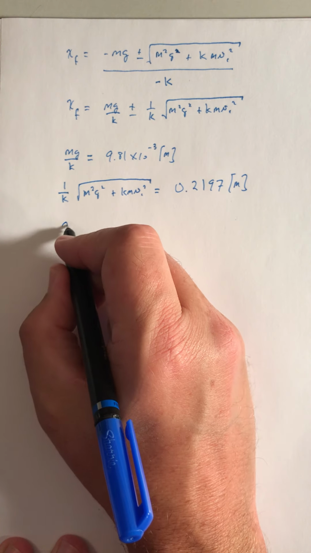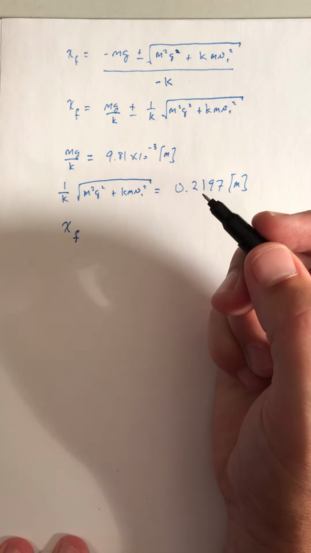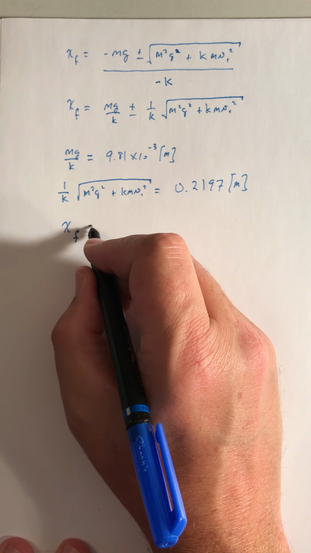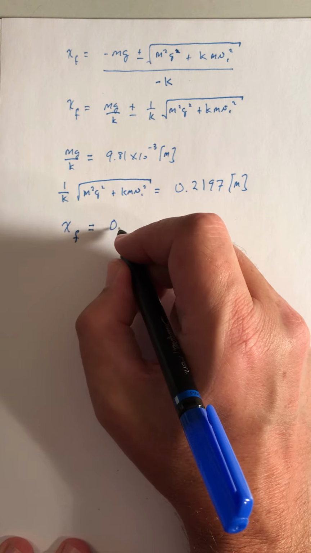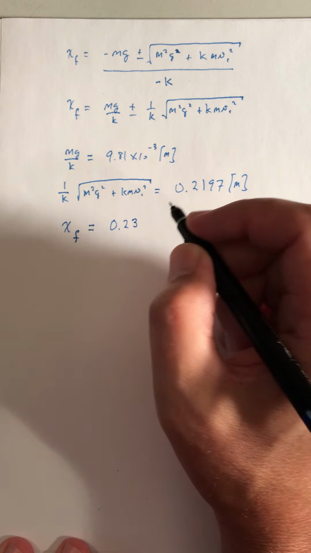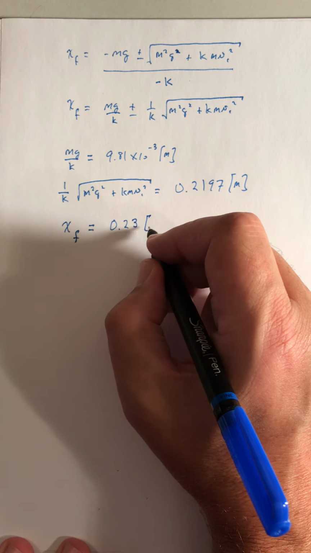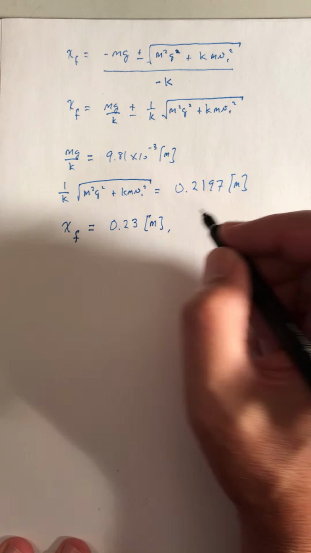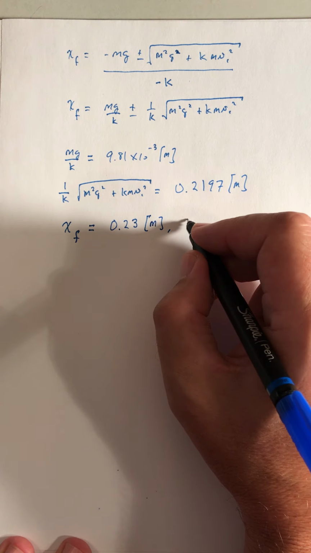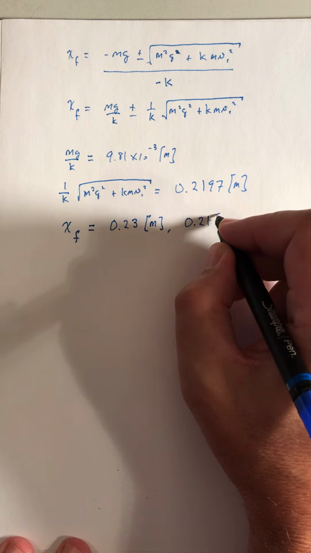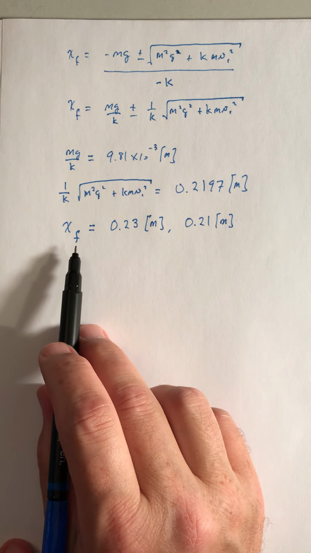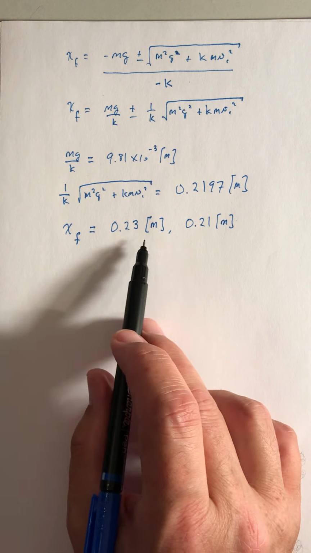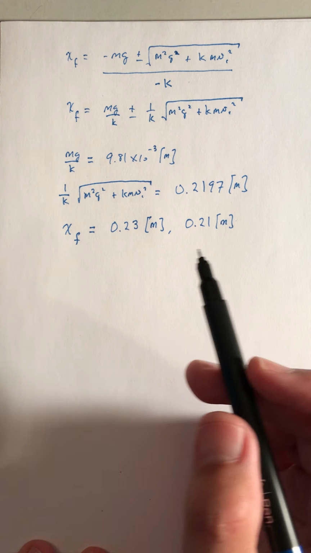So our possible values for x final, now I'm just going to round them to keep two significant figures. I'll get 23 centimeters, so 0.23 meters, and I'll get 0.21 meters. All right, now let's talk a little bit about what these correspond to.